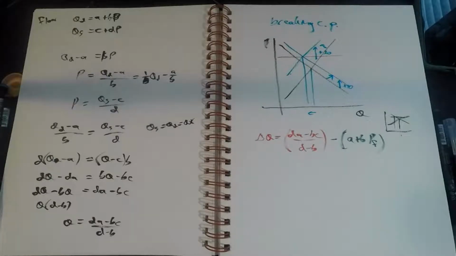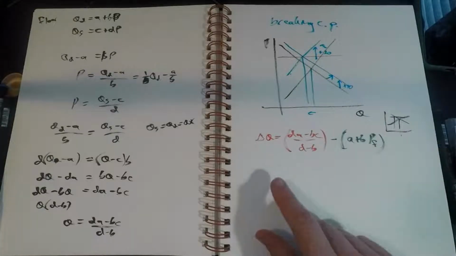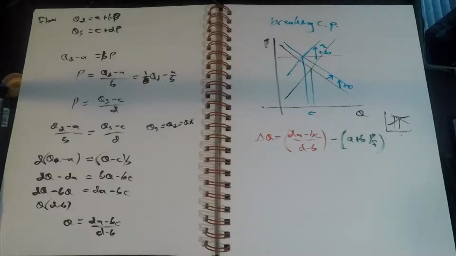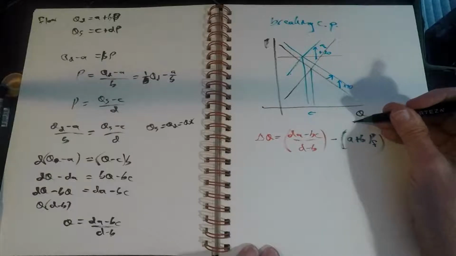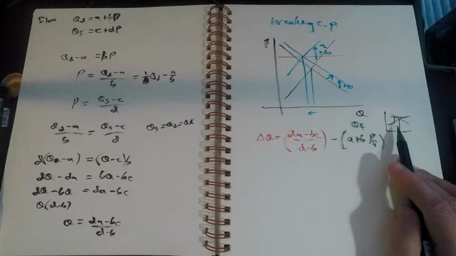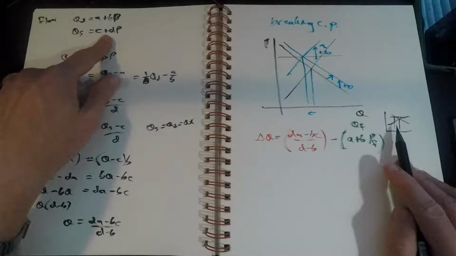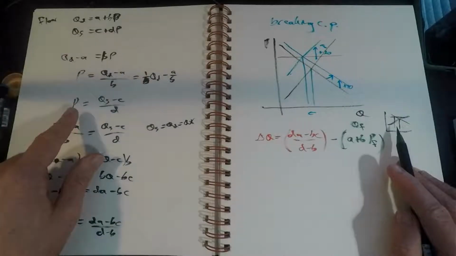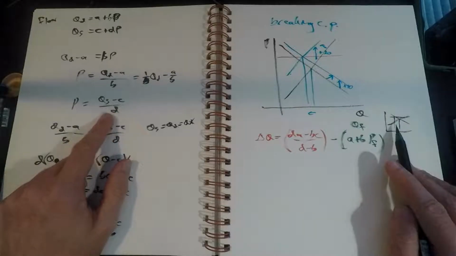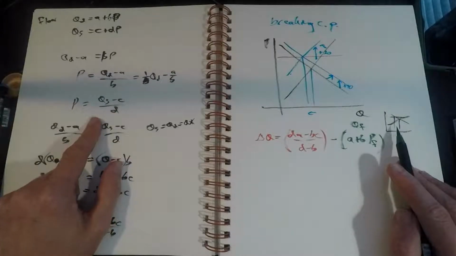What's next? We need to find the gap. And for that gap, what we need to do is say this quantity, right, this is QF. We need to plug this quantity into the supply curve and find the price. Here it's nice that we've already rearranged this.